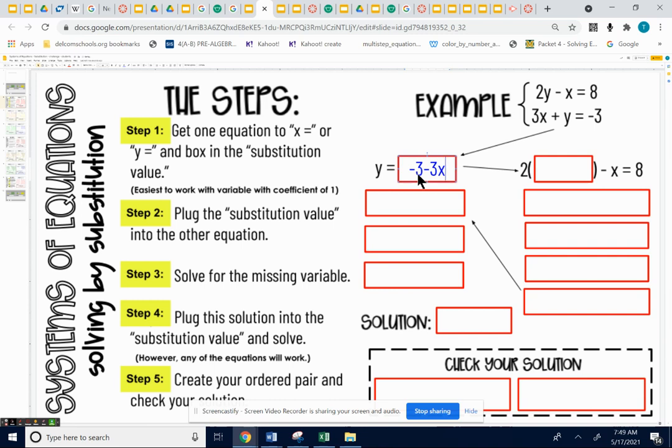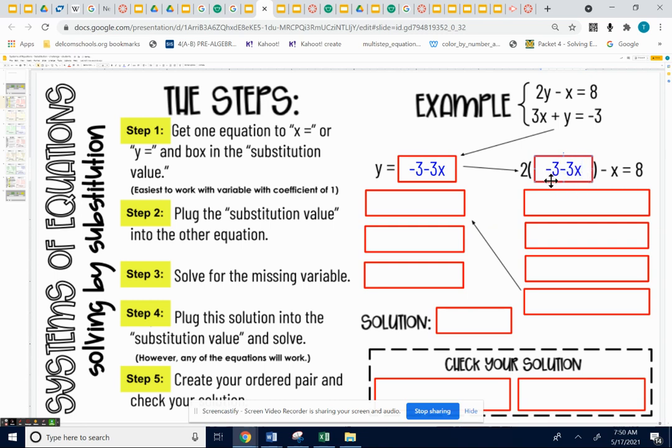The second step is to substitute that into the other equation. My other equation is 2 times y minus x equals 8. If y is equal to negative 3 minus 3x, I can substitute y with negative 3 minus 3x. You're thinking, why would I do that?